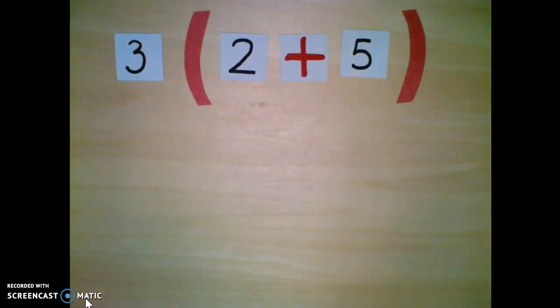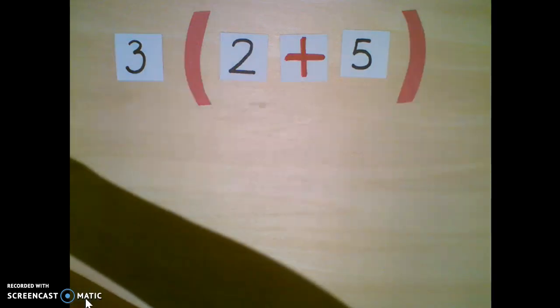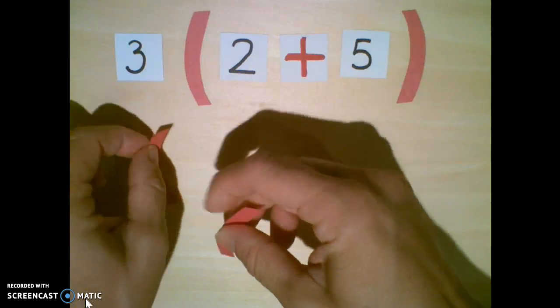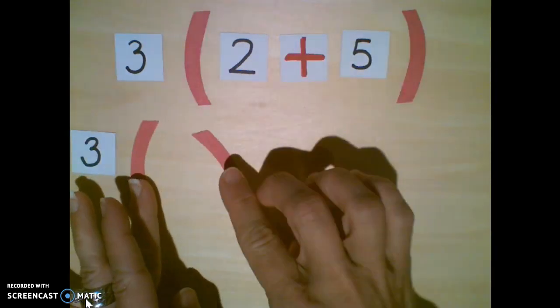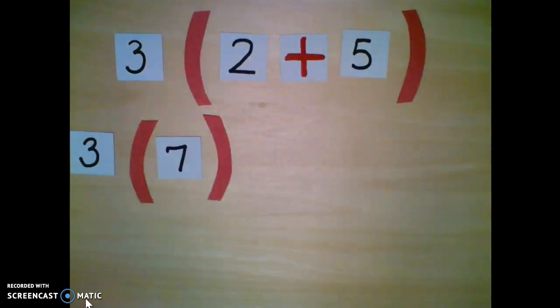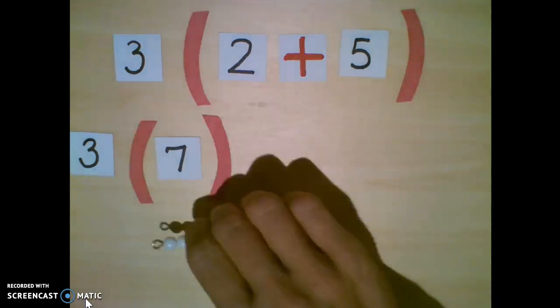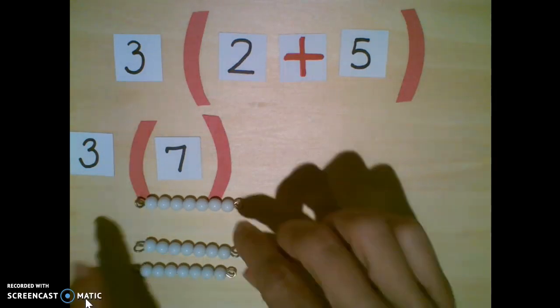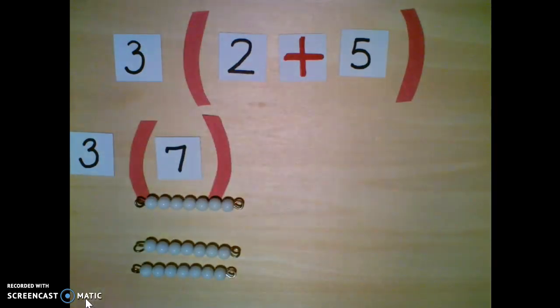Now, many of you are already thinking order of operations, that means the same thing as 3 times, well, 2 plus 5 is 7. So basically you're thinking, that's easy. That just means I'm going to take 7 three times. 1, 2, 3. When I count up my beads here, I have 21.